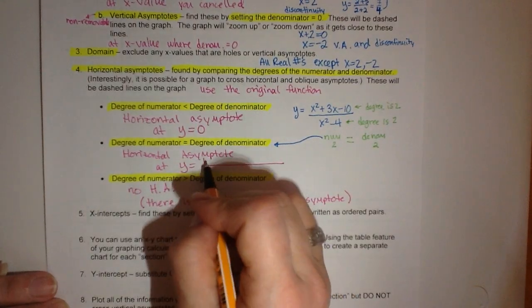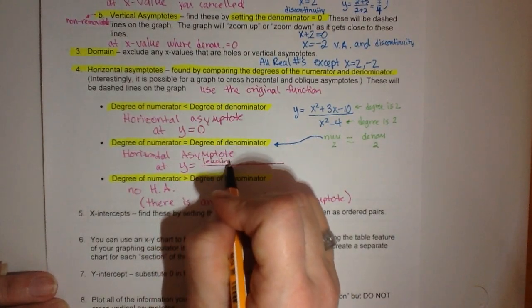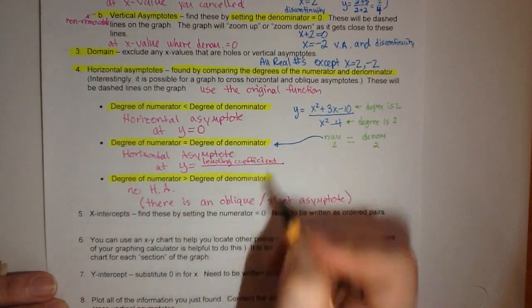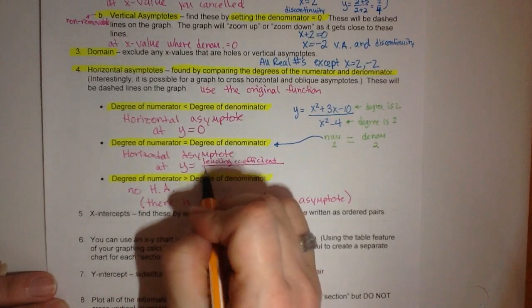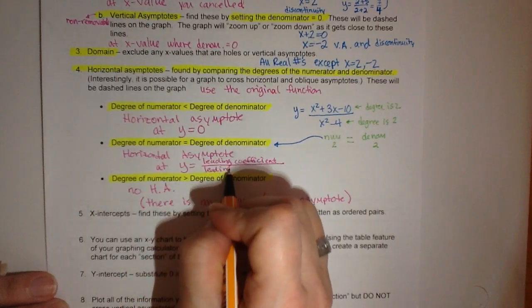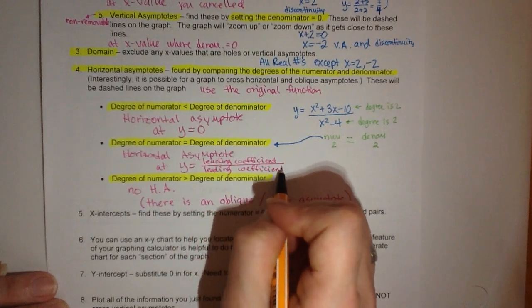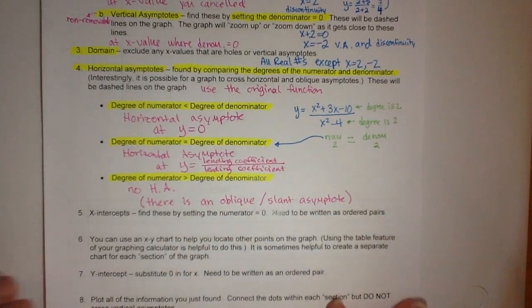We're going to take the leading coefficient of the numerator divided by the leading coefficient of the denominator. Now remember that the leading coefficient is the number that's in front of the variable that has the highest degree.